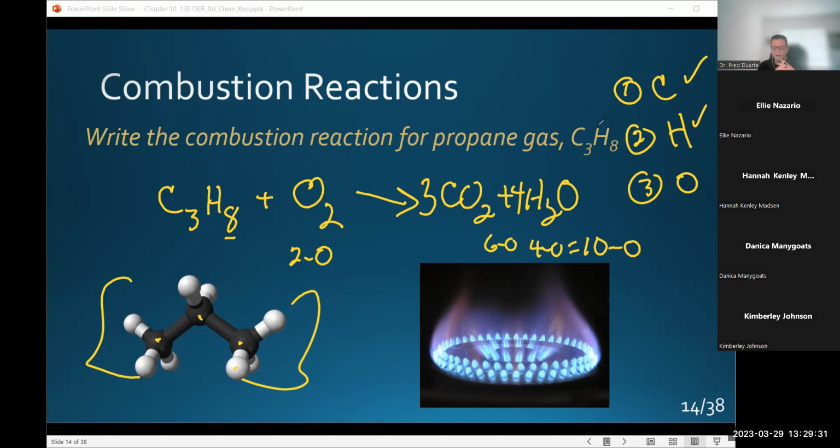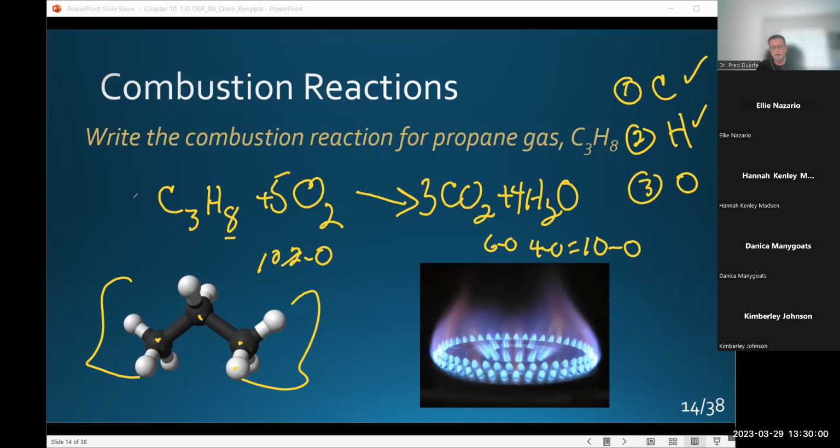That's one of the errors that occurs, that you see oxygen only in one of the products, but there's also oxygen in another product. So we have a total of 10 oxygens, 6 in the form of carbon dioxide, 4 in the form of water. So we need to balance it. We simply put a 5 in front of oxygen, and that balances up the oxygens.